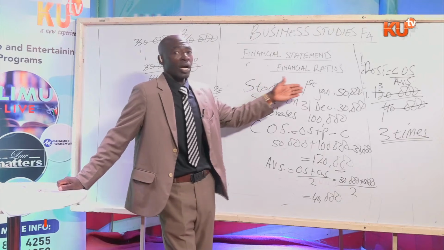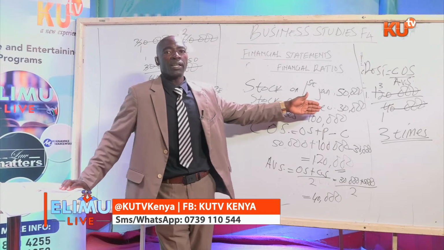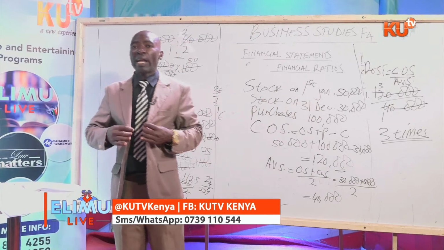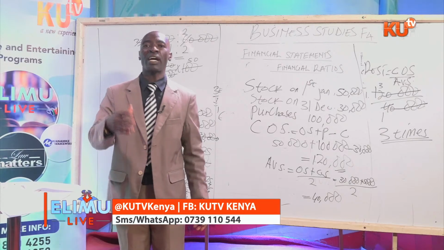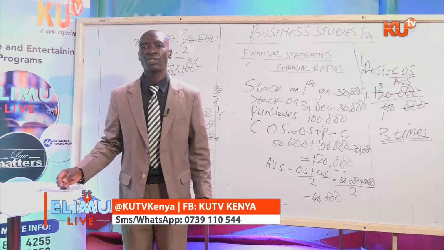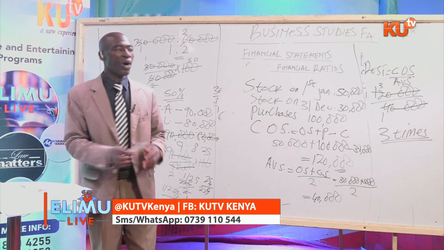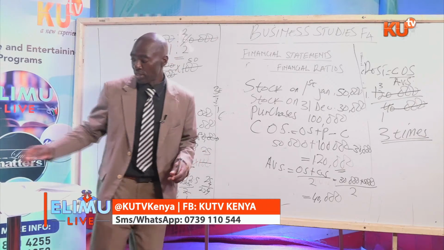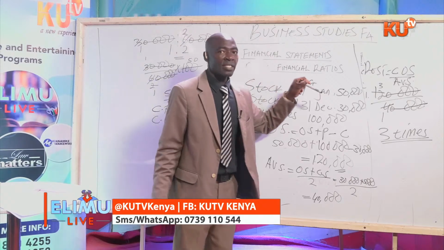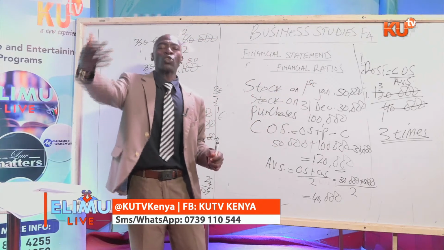You have been given stock at the beginning of the year, stock at the end of the year, and then the purchases, and then you can have other things like returns inwards and returns outwards. What is a return? Inwards means back to the business.